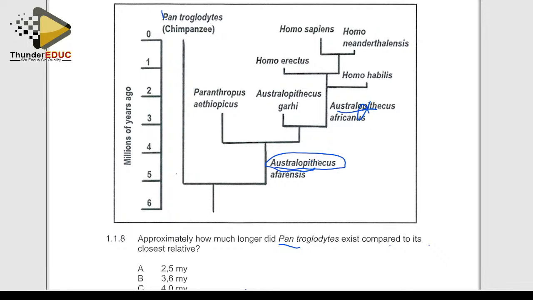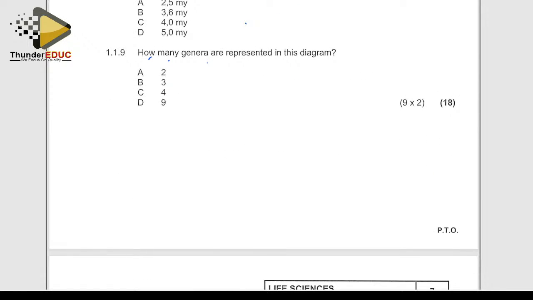So it's 1, 2, 3, 4. I'm seeing Pan 1, Paranthropus 2, Australopithecus 3, and Homo 4. Do we have a 4 there? Yes. So C becomes the most correct answer.